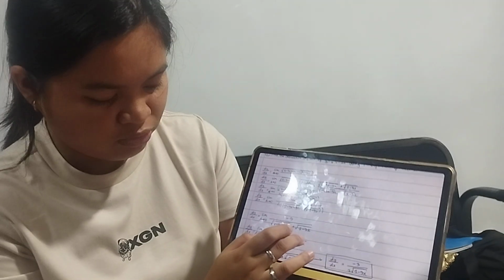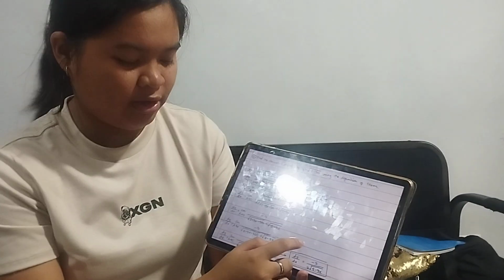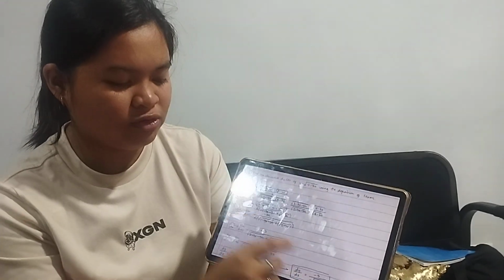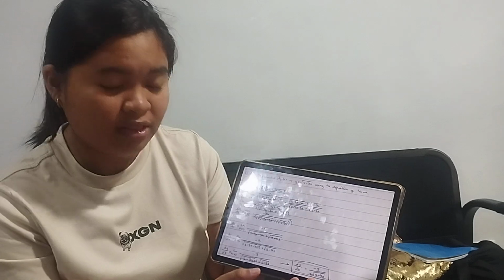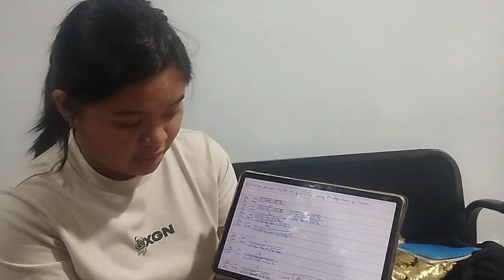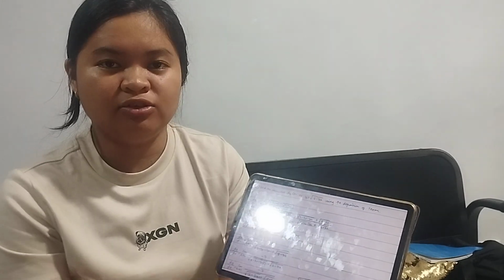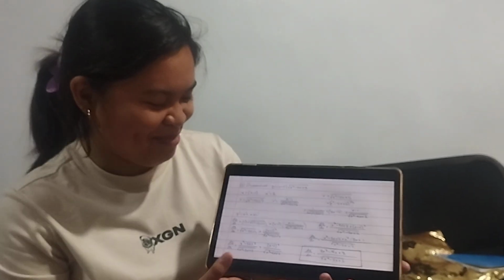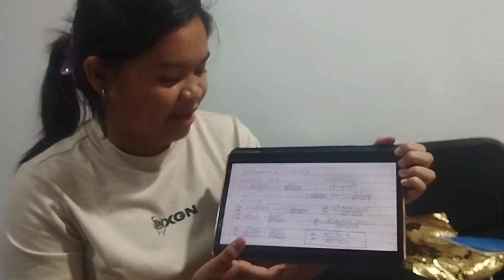Thus it resulted in negative 3 over the square root of 2 minus 3x plus the square root of 2 minus 3x, and thus the answer became the derivative of negative 3 over 2 square root of 2 minus 3x.